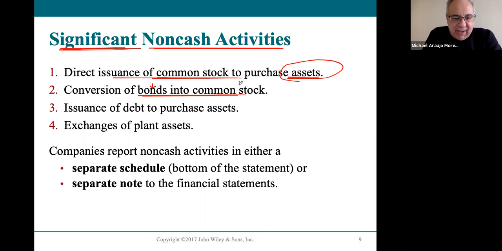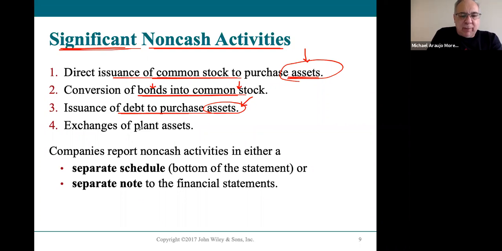The bond has been paid with shares of common stock. They might also issue bonds to purchase assets. So not only can you purchase assets by issuing stock, you can purchase assets by issuing bonds as well, and that is also a non-cash activity.